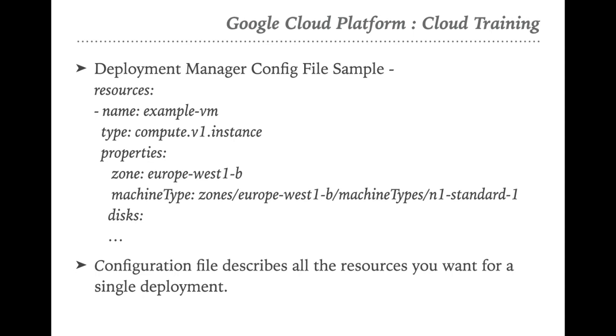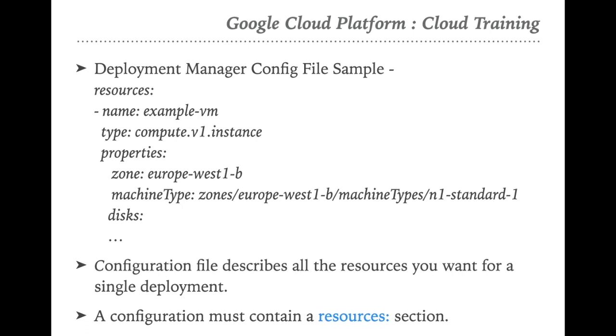So when you are creating the configuration file, you need to define all the resources within a single file. Although we can define these resources in multiple files as well, we will see how we can do that in the lab. But right now, you need to assume that you define all the resources which you want to create as part of the deployment from Deployment Manager in a single configuration file.